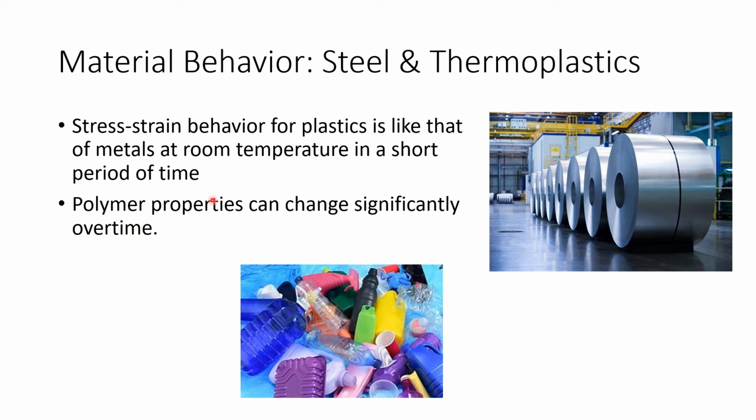So only over a short period of time you can see the metal and the plastics' stress strain behavior are similar, and again, it's got to be at room temperature. But over time, plastic is going to behave differently. Metal won't.